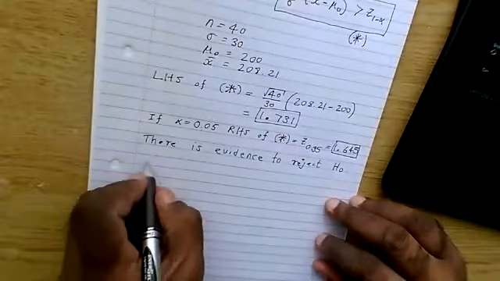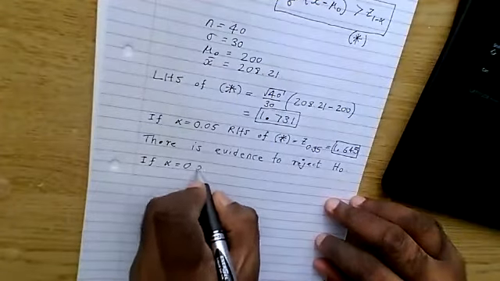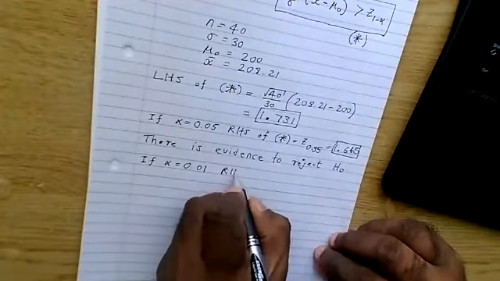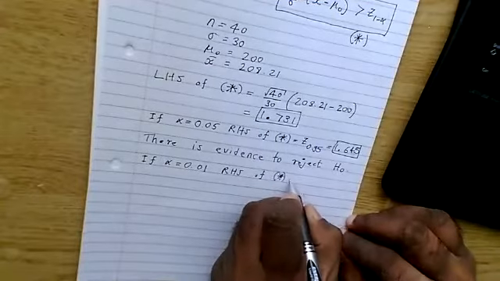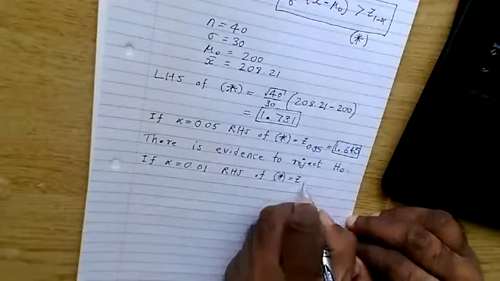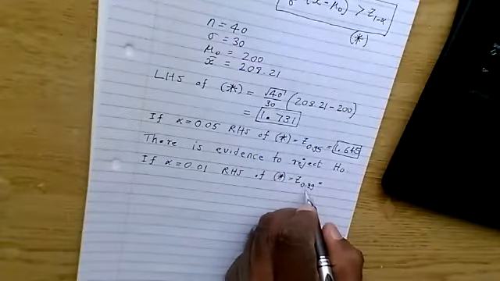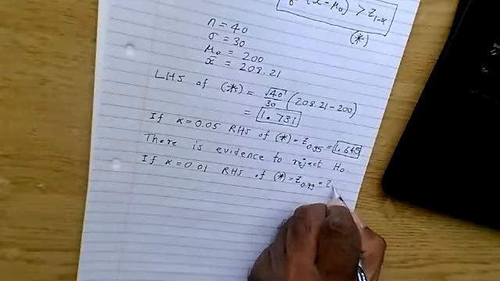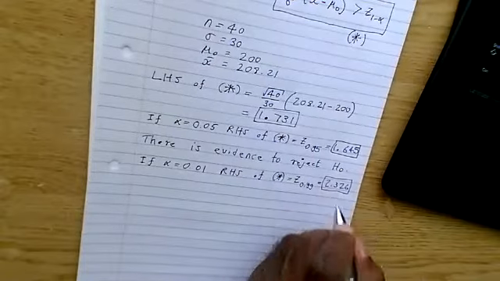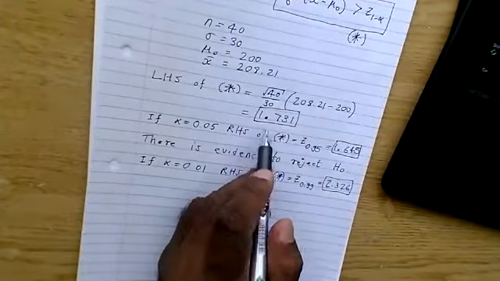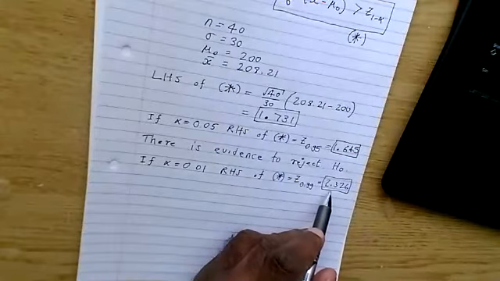Now let's see what happens if alpha is 0.01. In this case, the right-hand side of star is Z 0.99. And if you read this off the table, this will be 2.326. So in this case, 1.731 is not greater than 2.326.